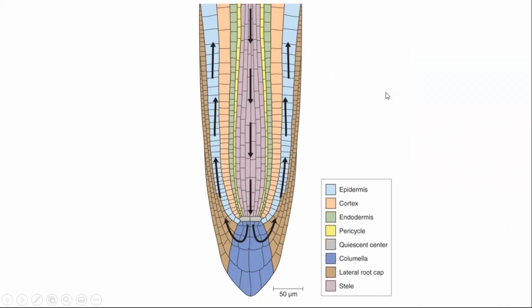Now let's take a look at a root. And I do a diagram because, and I'll show you this in reality, but I can't show you everything. Key thing here is this little gray spot is where the plant makes new cells. The yellow part is called the pericycle, and that's key to understanding what's going to take place in terms of growth of lateral roots and rhizobium, how they infect them.